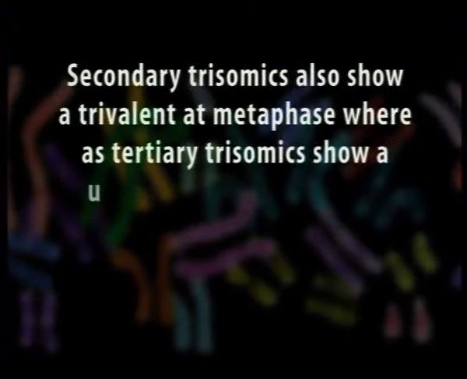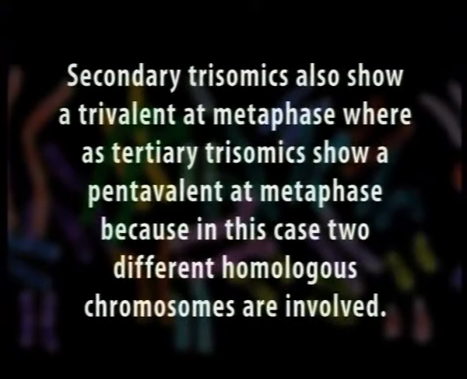At meiosis, a secondary trisomic also produces a trivalent. However, a tertiary trisomic produces a characteristic pentavalent, because in this case 2 homologous chromosome pairs are involved, and a characteristic pentavalent is formed at metaphase stage.